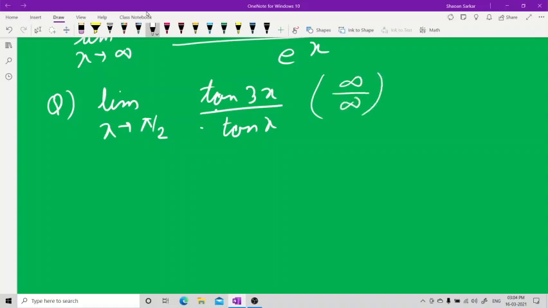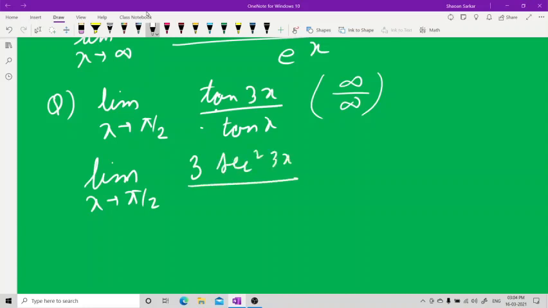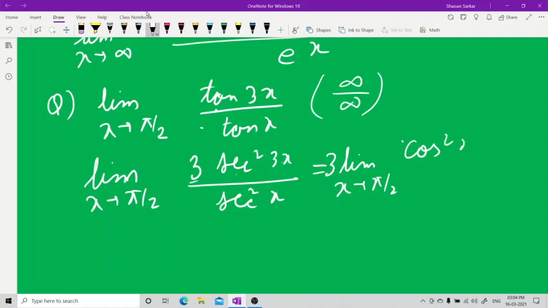Now what you do is differentiate, you use L'Hopital rule. Derivative of tan 3x is sec square 3x into 3, and derivative of tan x is sec square x. So this becomes, if you take 3 out, limit x tending to pi by 2 of 3 cos square x upon cos square 3x.